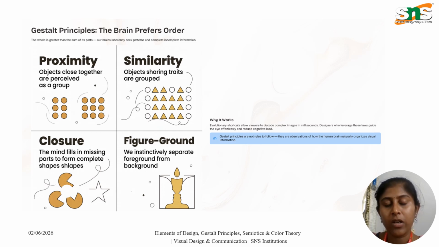Even if a shape is incomplete, the brain automatically fills the missing part and recognizes the whole object. Finally, figure and ground helps us distinguish the main important objects from the background, making important information stand out. These principles help designers create organized and easy to understand layouts.